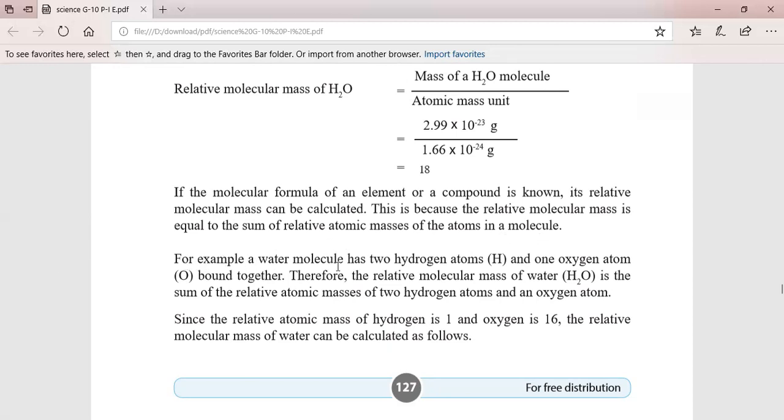For example, a water molecule has 2 hydrogen atoms and 1 oxygen atom bound together. Therefore, the relative molecular mass of water is the sum of the relative atomic masses of 2 hydrogen atoms and 1 oxygen atom.